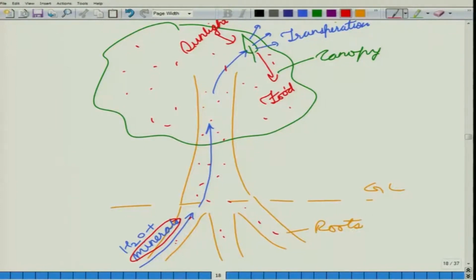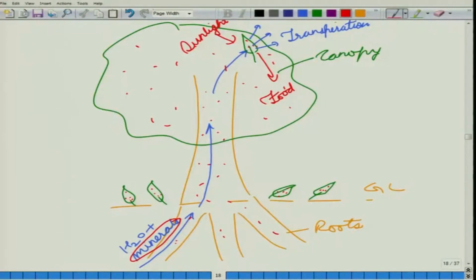Now what happens after some time? After some time this tree will get older, and when it gets older, or maybe this leaf gets older, or when a time comes when this tree is shedding off the leaves, then these leaves will come down to the forest floor. Now because these leaves also had these minerals, we will get these minerals down here to the forest floor.